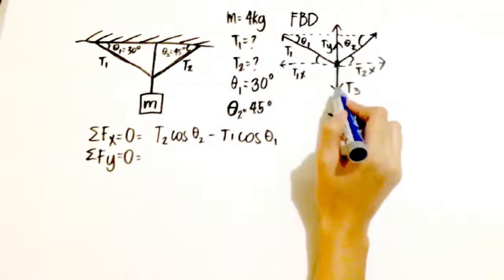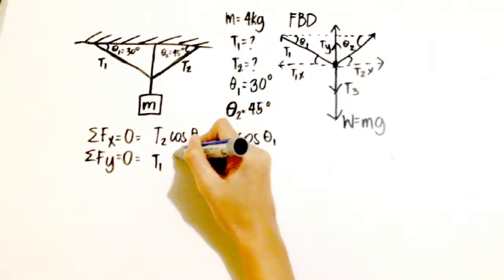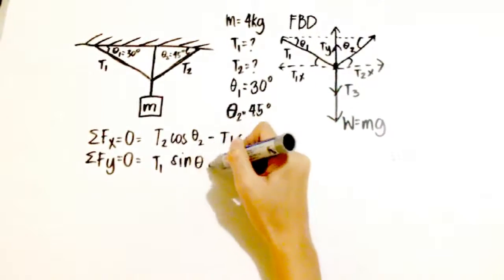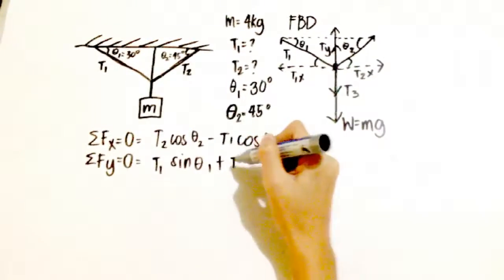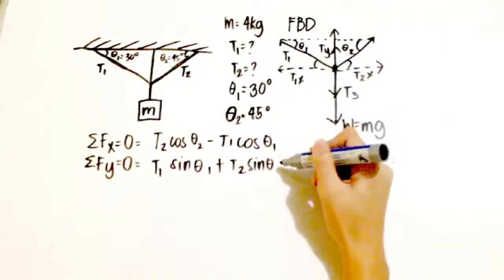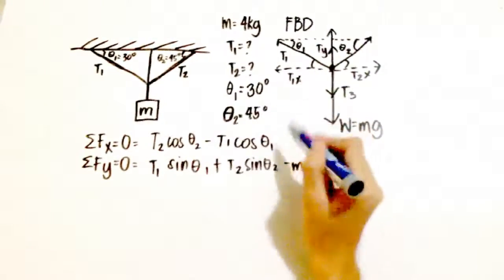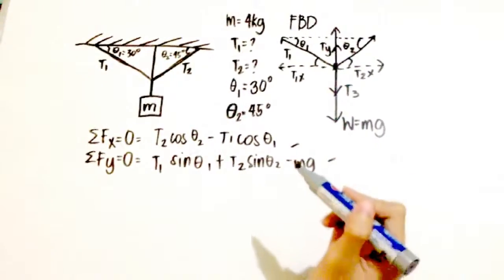Now on the second equation, we have two positive components, T1 times sine theta 1 plus T2 times sine theta 2 minus mass times gravity equals 0.